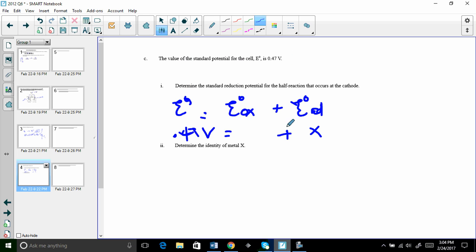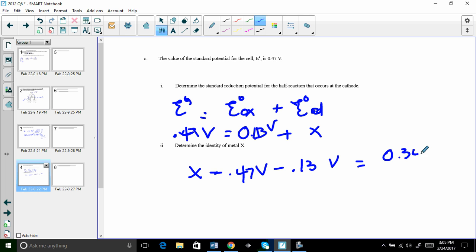So we know that this is positive 0.13 volts. And so I'm going to come down here. So X is going to be 0.47 volts minus 0.13 volts, which is 0.34 volts.